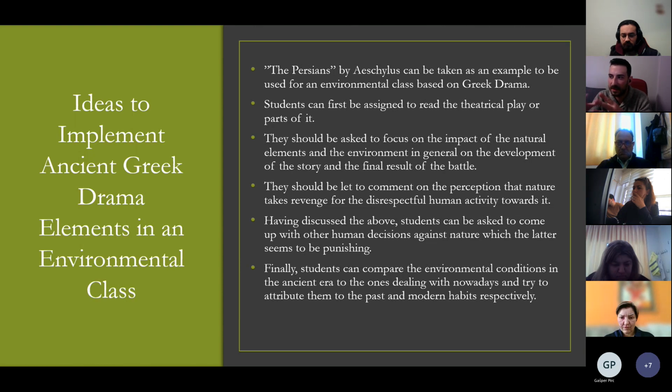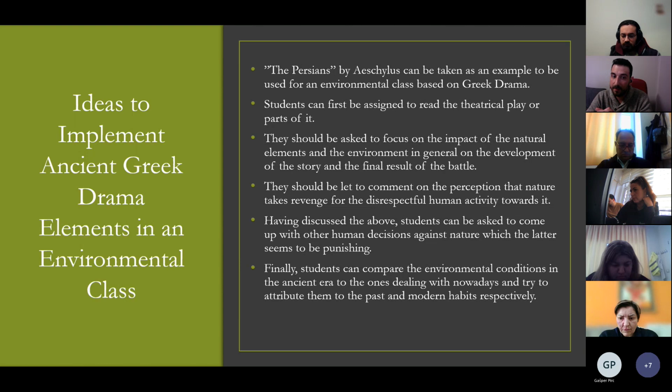So they might be asked, do you think that the results of the battle can be seen as a punishment for the arrogance that Xerxes has shown towards the environment, of course?